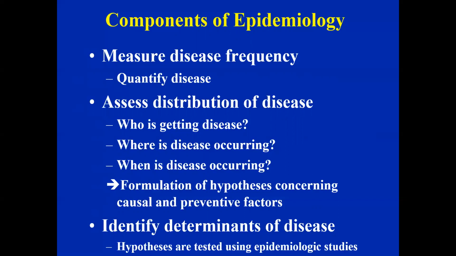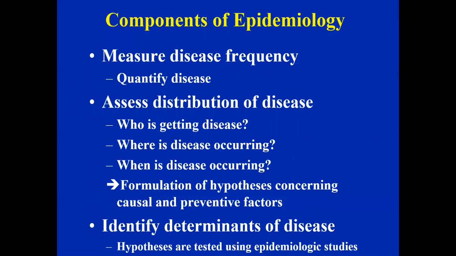Remember, as I said, a hypothesis is an intelligent guess, and the next stage is the relationship between disease and causal or preventative factors. So we want to see which of these factors might be causing disease. Remember, some factors might be causal, other factors might be preventative. As part of epidemiology or doing research, we need to understand both, because both sides are important.